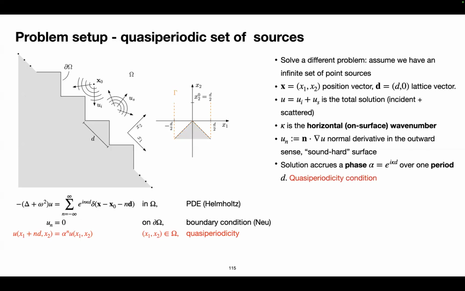If I move from my position x to the adjacent stair, x plus d, then the solution is going to be almost the same. It's going to be different by a multiplicative factor that is a complex number, and it's always going to be the same complex number, no matter where I am. So this is called quasi-periodicity. A consequence of this is that solutions with wave numbers that are 2 pi n over d apart, where n is an integer, are going to be physically equivalent.